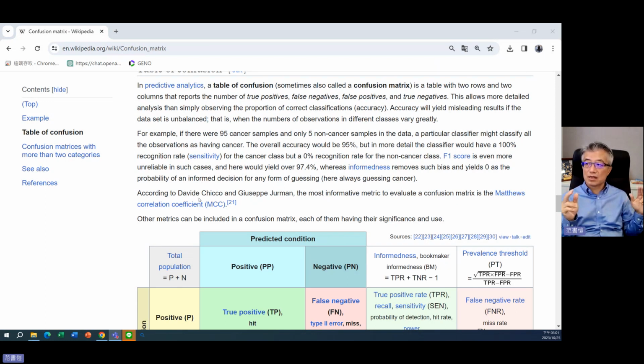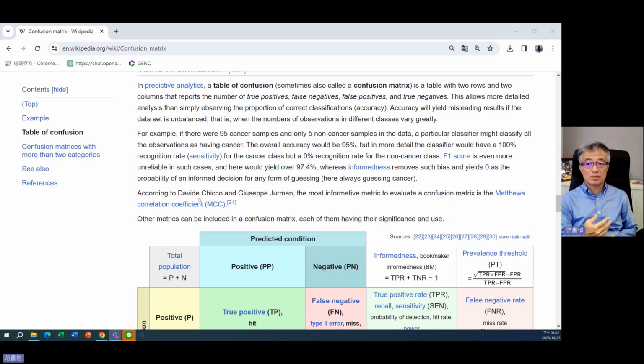This allows more detailed analysis than simply observing the proportion of correct classifications, which is referred to as accuracy. Accuracy will produce misleading results if the data set is unbalanced.